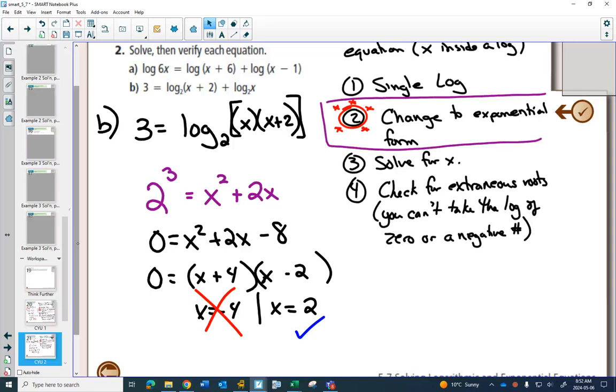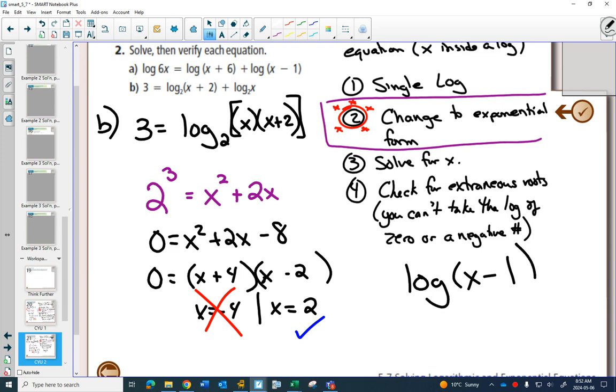And when you're plugging it in, you're checking to make sure that there's never a negative number inside of a logarithm. Just because the answer is negative, like I could have this. Let's say I have this, and my two answers were x equals -3 and x equals 5.